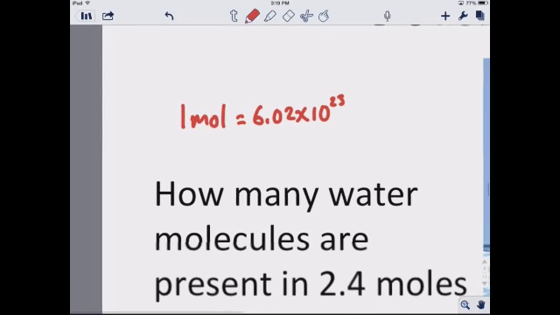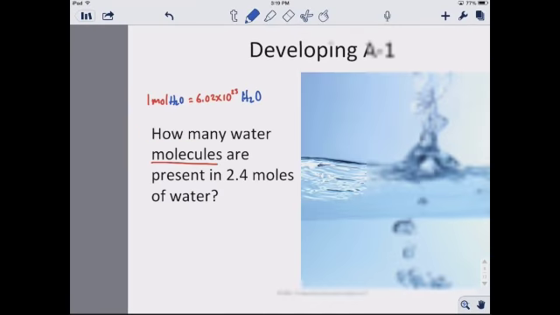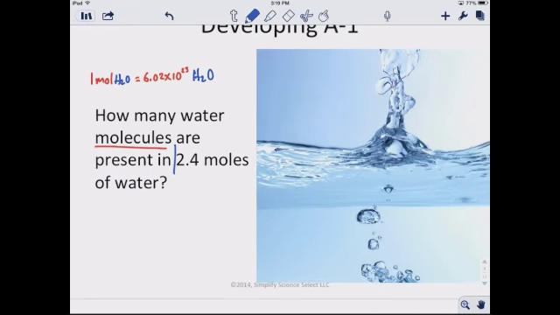And in this case, we're talking about molecules. So 1 mole of water molecules, so H2O, equals 6.02 times 10 to the 23rd molecules of H2O.